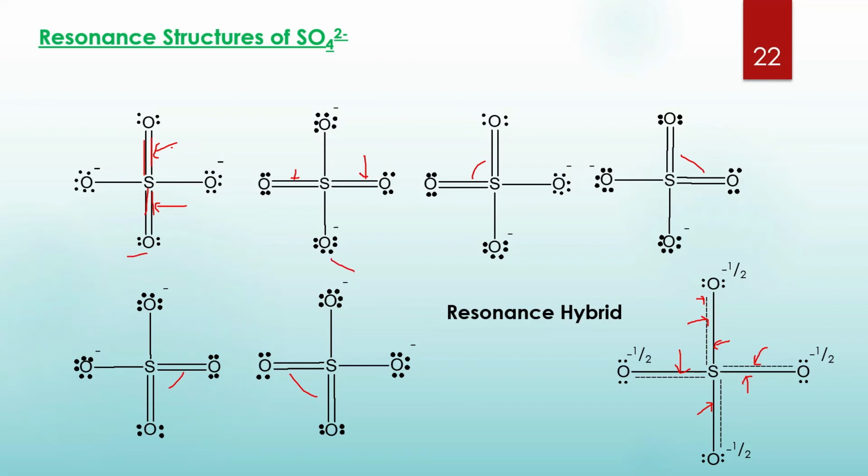It doesn't appear here. Again, it appears here. It appears here. It's not here. It's not here. So it is available in certain structures and it's not available in certain other structures. Because of that, you draw a dotted line. And it's the same case for all the other 4 sigma bonds as well. So we draw 4 dotted lines like this.